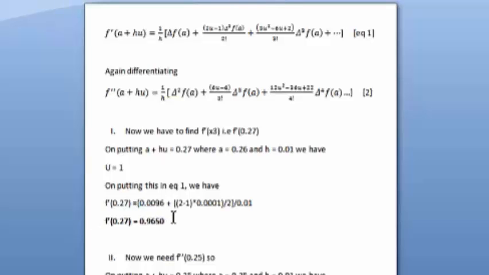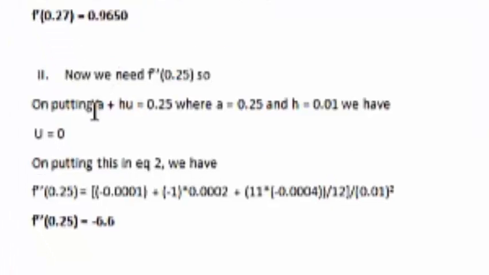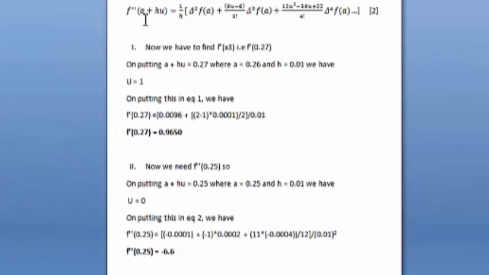This is our final answer. Following the same procedure, we get the value of u equals 0, and putting u equals 0 in the second equation, to find the second order differential, we get the value minus 6.6, and this is the final answer.